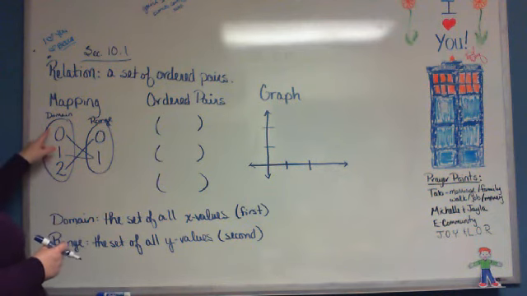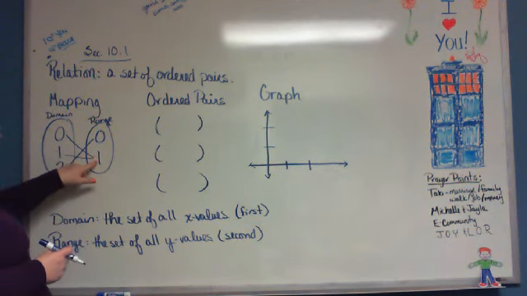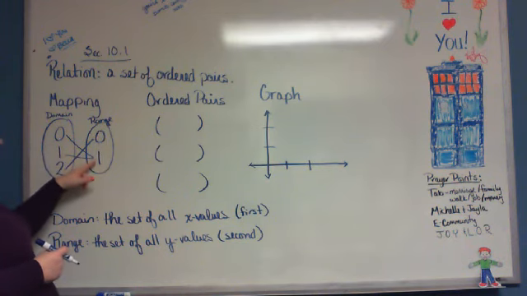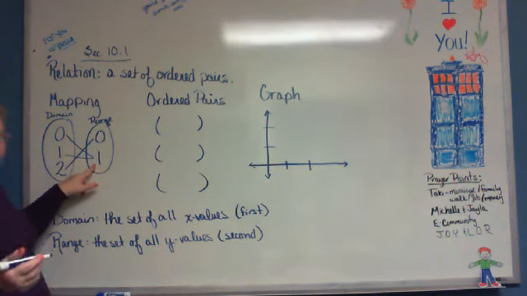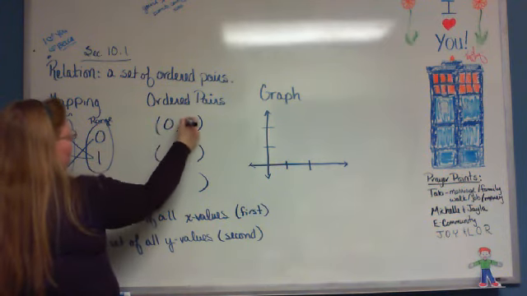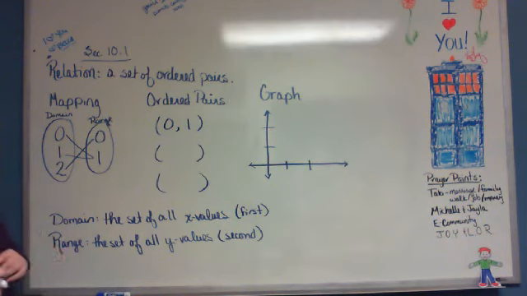So, if 0 is connected to 1, that's the same thing as saying 0 is related to 1. Since you know they're related, it would be the exact same thing as if we wrote the point 0, 1. Because that's what that's saying. It's like a point.